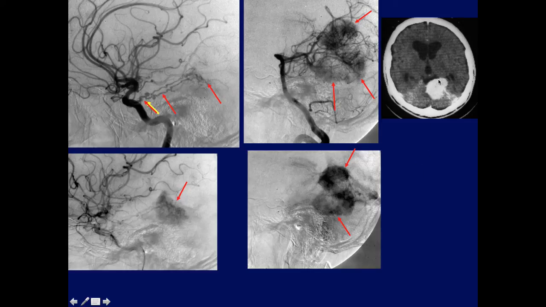This is not the same patient, but just to show you that a lesion involving the tentorium would look like this if it got large enough. If you had an angiogram, unfortunately, I do not have an MR of a lesion like this because I would like to again demonstrate how MR can show you these branches. This is actually almost like a middle meningeal branch, except this way it comes off the carotid.